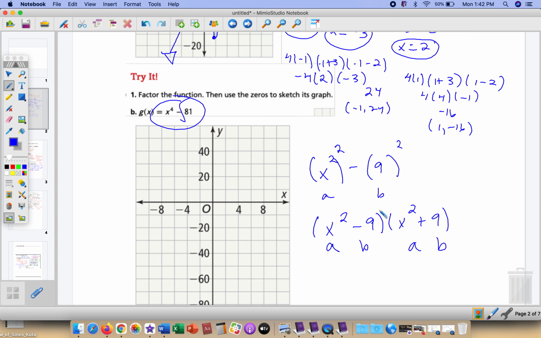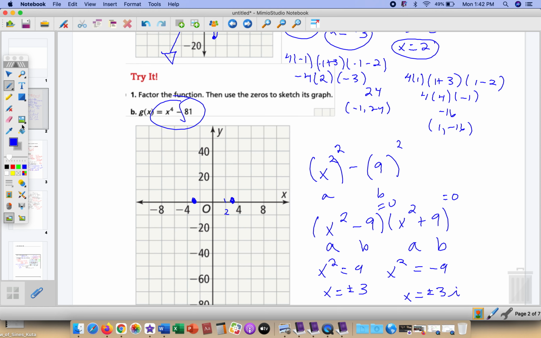Okay, so we can set each factor equal to 0 and solve. So we'd have x squared equals 9, x equals plus or minus 3. So we would have a 3, and we have a negative 3. And over here, if we set x squared plus 9 equal to 0, we would get plus or minus 3i.